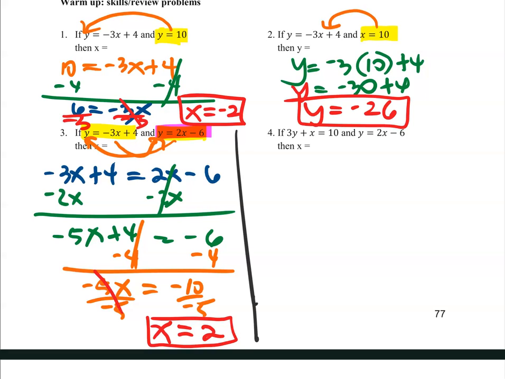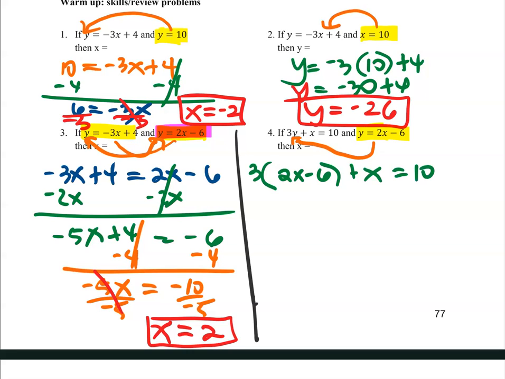Next, number 4. If 3y plus x equals 10 and y equals 2x minus 6, what is x? So we have a value of y here, and we can substitute that into the first equation. So you can write 3 times this value of y, 2x minus 6, plus x equals 10.